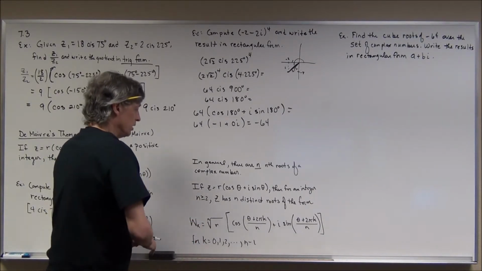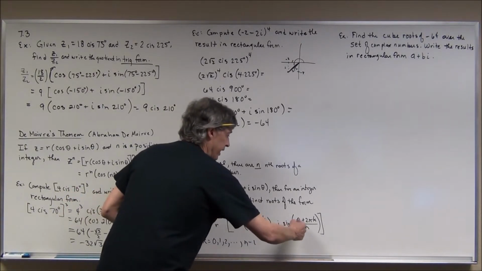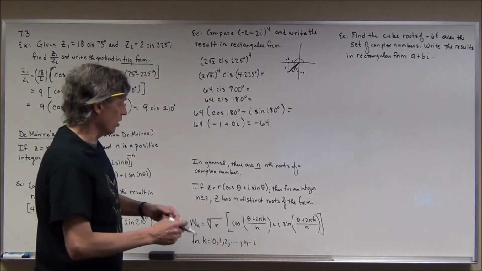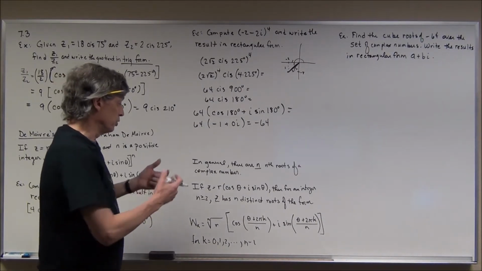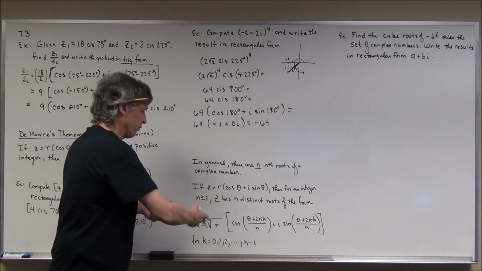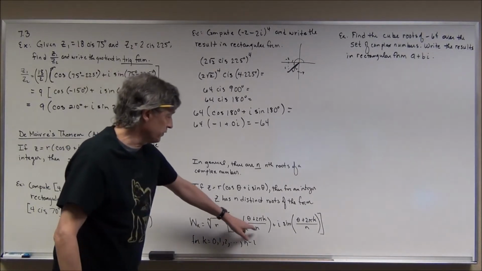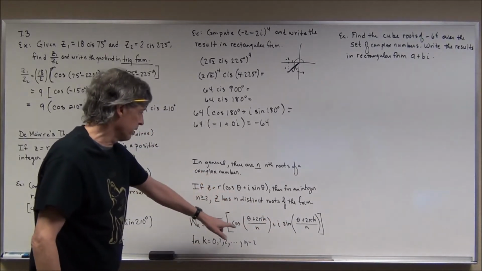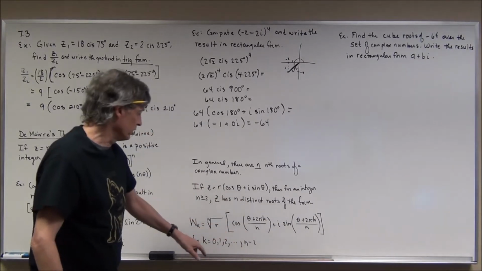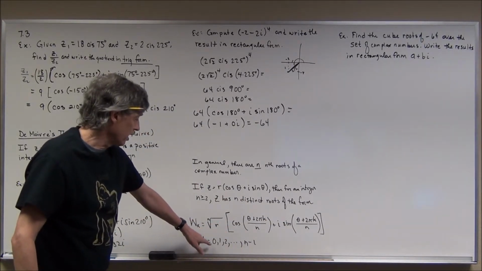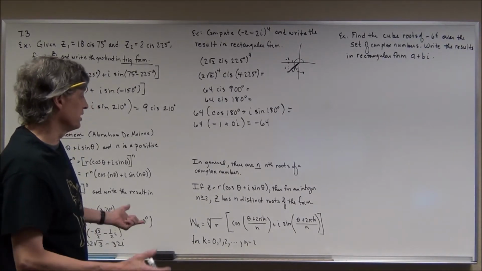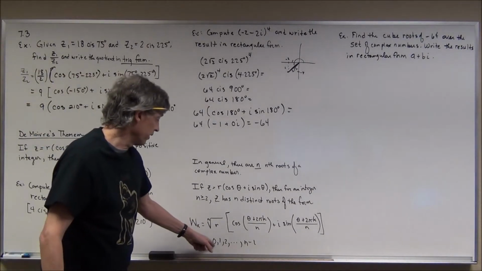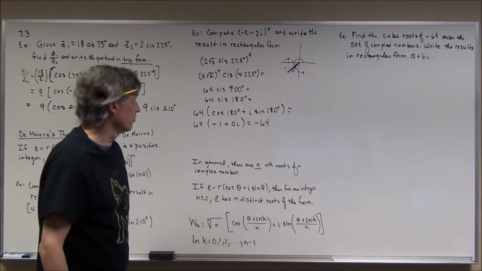Then all of this stuff here with the k's is to get all the different roots, because you could have more than one root: 2 square roots, 3 cube roots, 4 fourth roots, and so on. So we use this variation. I used to do it a little bit differently, but this is easy enough as long as you follow it. And this is for k equal to 0, 1, 2, 3, 4, all the way up to n minus 1, because that would give us n nth roots. If you count the 0 as the first one, that would give you n nth roots.